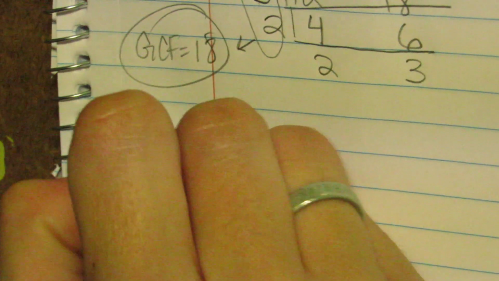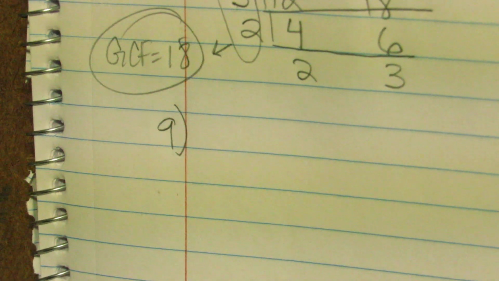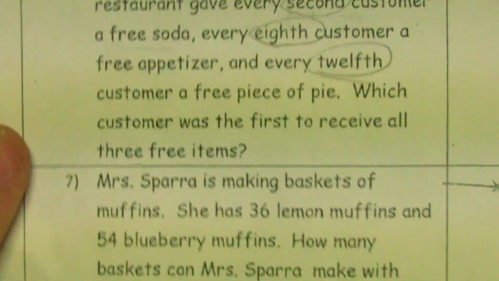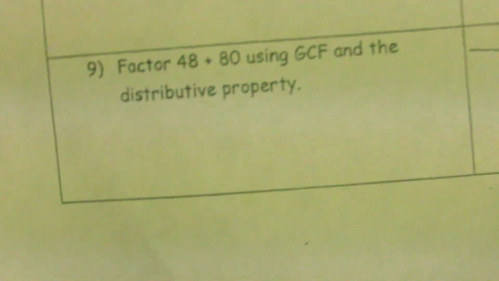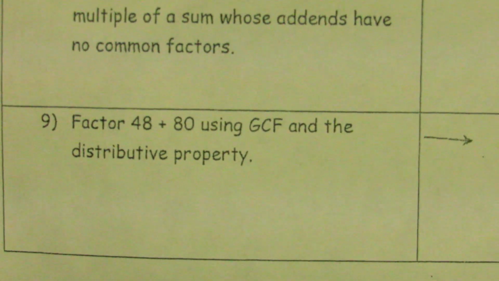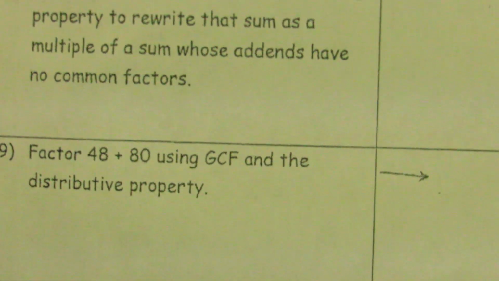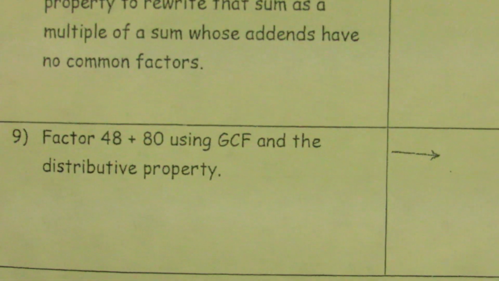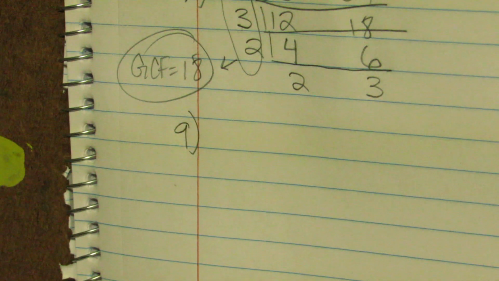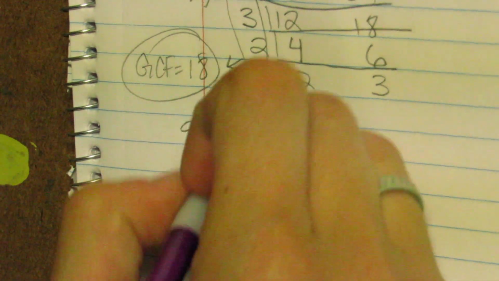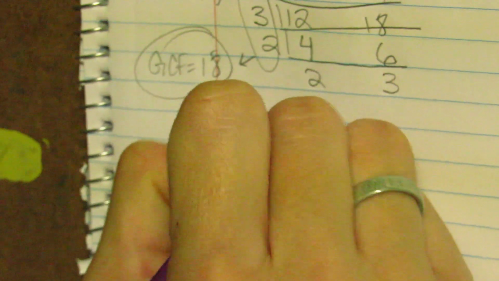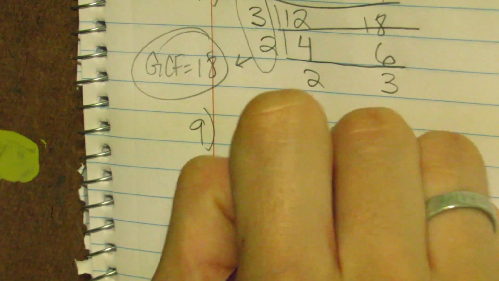Number 9. So, number 9 reads, you guys can see this. So I want to factor 48 and 80 using GCF, greatest common factor, and the distributive property. So let's do this again. So I'm going to do 48 and 80.